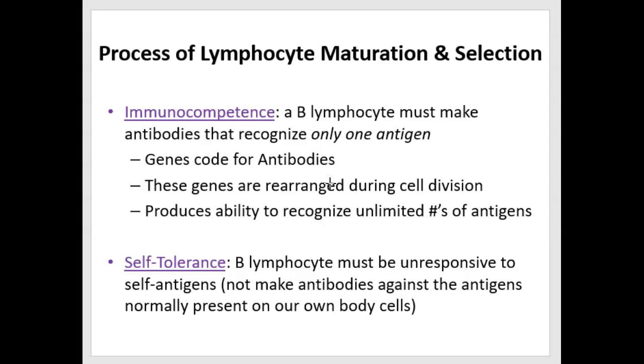And what immunocompetent means is that one specific B lymphocyte, one particular cell, makes antibodies, multiple antibodies, but all of those antibodies recognize the exact same antigen. So a B lymphocyte becomes immunocompetent when all of its antibodies recognize just this one particular antigen.